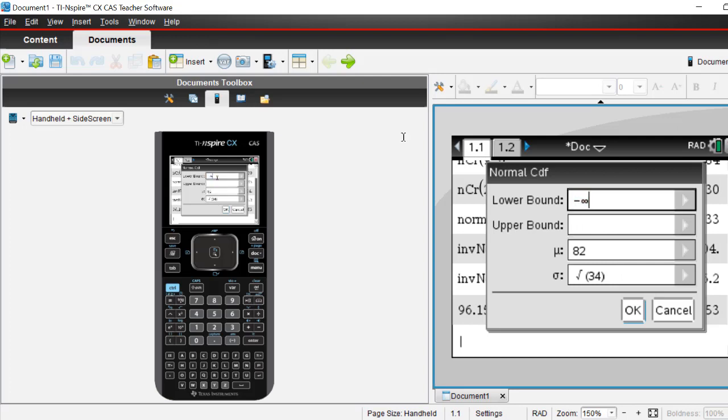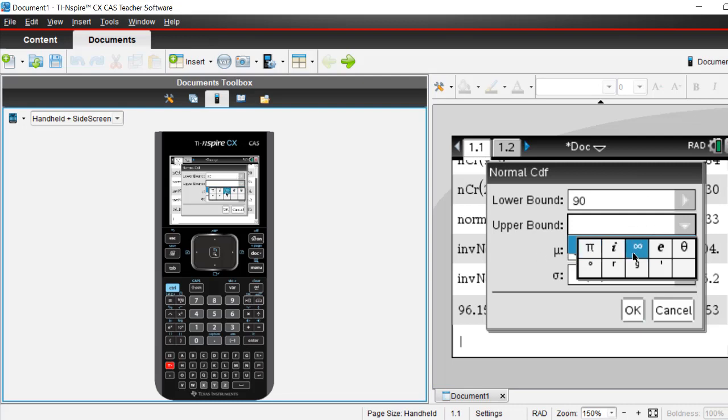Now, we want to start with our lower bound. Let me read the question again. Where's my piece of paper where I actually wrote it? Okay, so it was 1.5 hours. So our lower bound is 90 minutes and our upper bound is infinity. Now, how do I get to infinity?